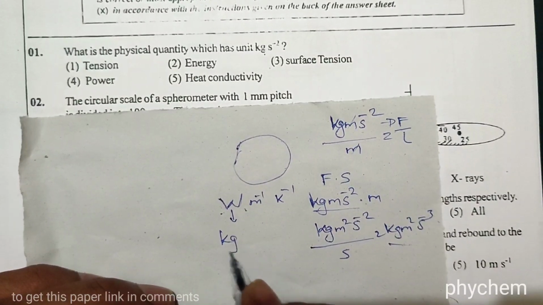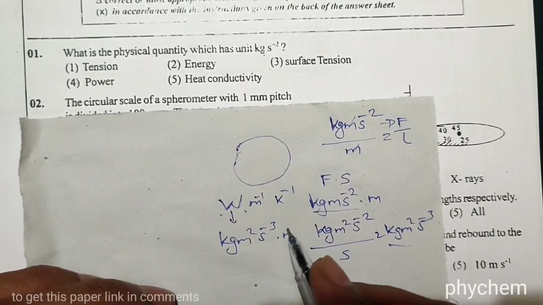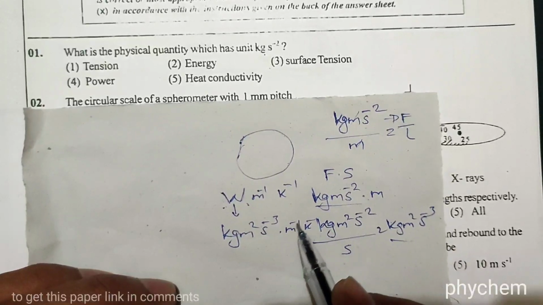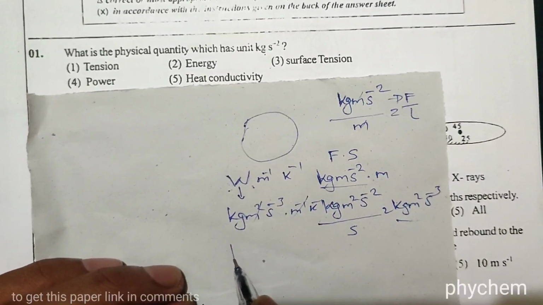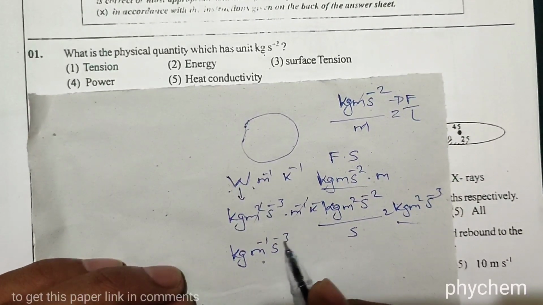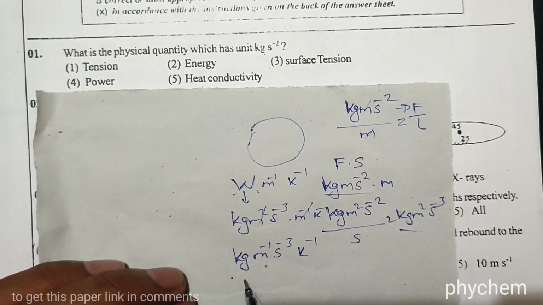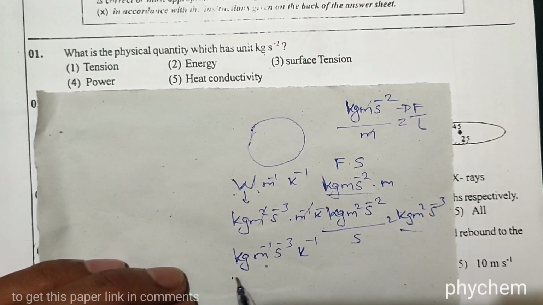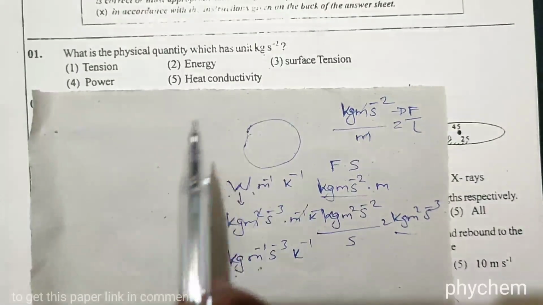So kilogram meter squared second minus 3 into meter minus 1 into Kelvin minus 1. The meter minus 1 and the meter squared partly cancel, and the answer would be kilogram meter second minus 3 Kelvin minus 1. This is the unit of heat conductivity. So for this question the answer is 3.